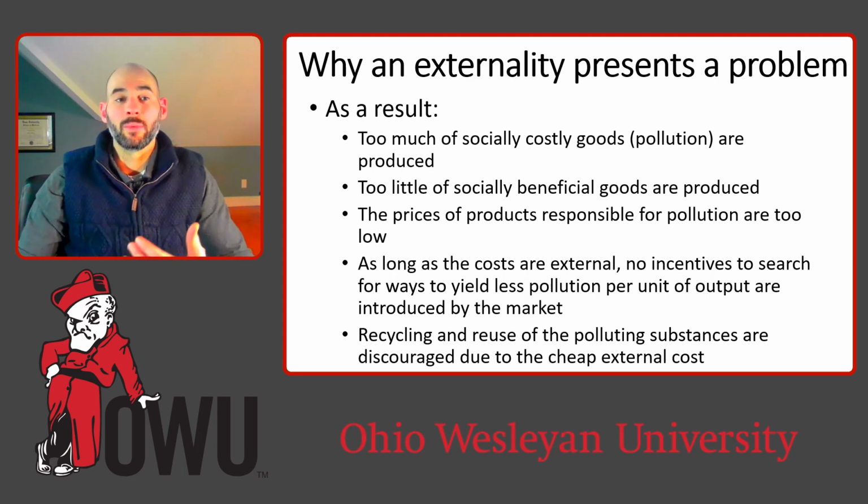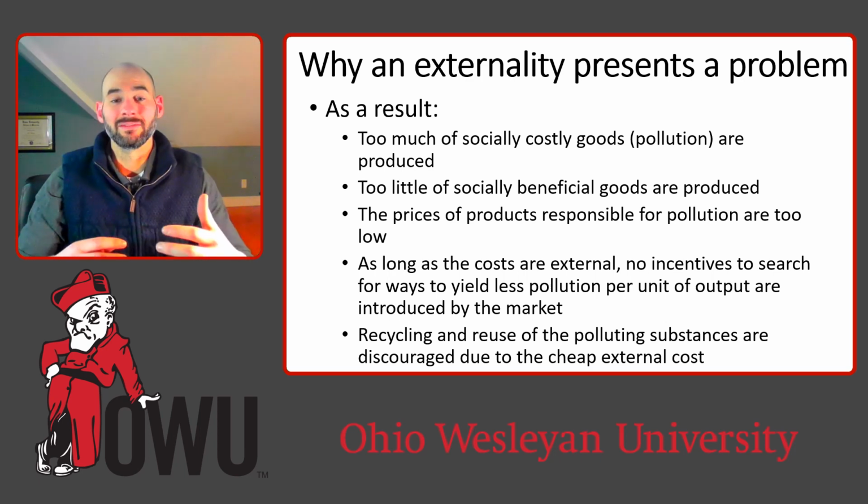And so we also want to think of this not only from a price perspective, but remember that in a supply and demand graph, we have both prices and quantities. And so, not only are there too much and too little of bad goods and good goods, respectively, but the prices for the bad goods are too low. We're able to pollute too cheaply.